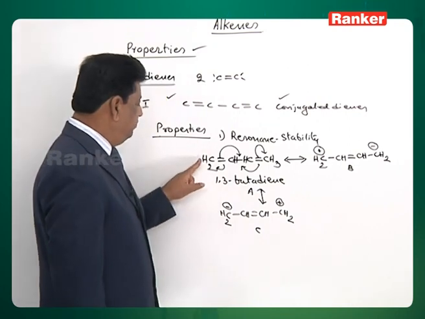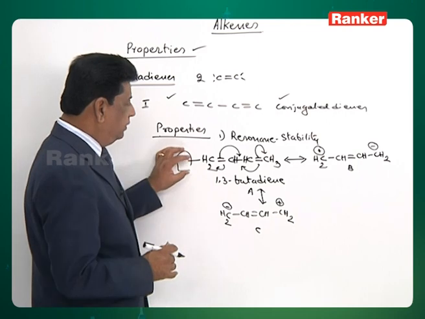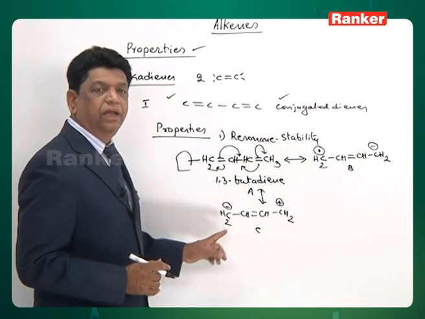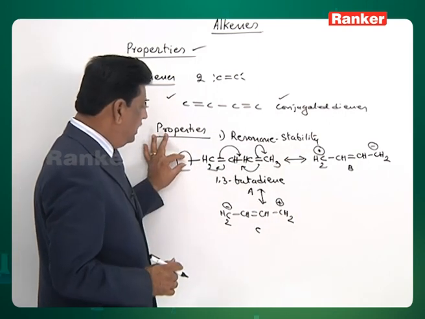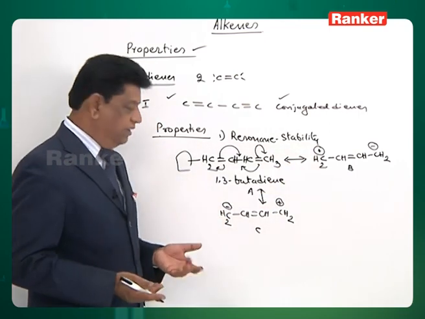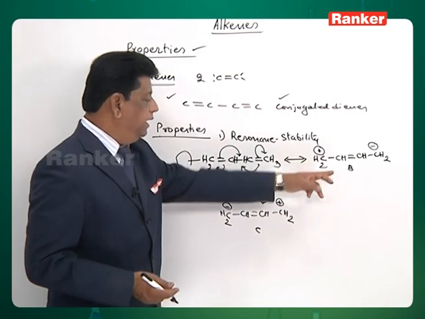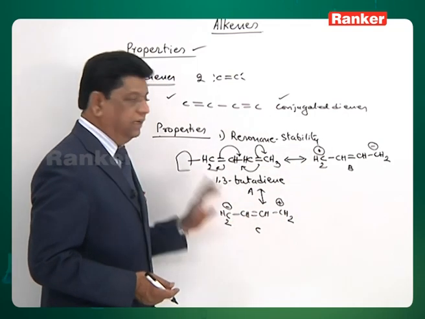But if there is a group like a methyl group, then these two will be different. A group containing positive charge and a group containing negative charge will be different. If this group is not there, B and C look identical.